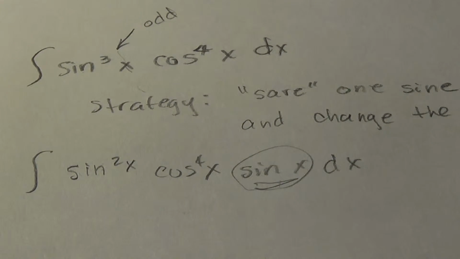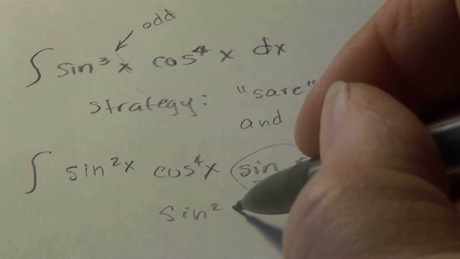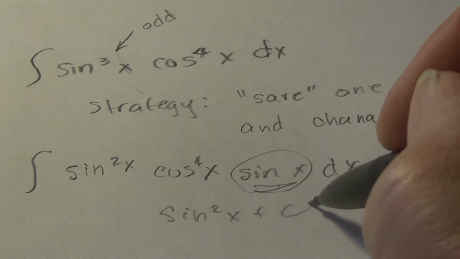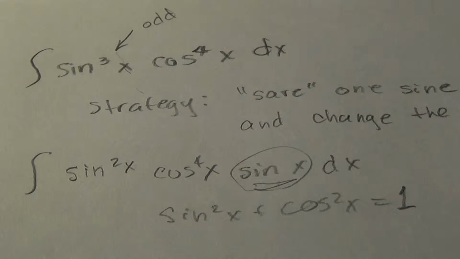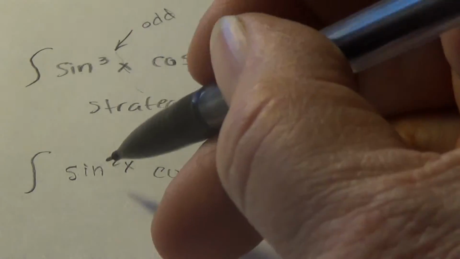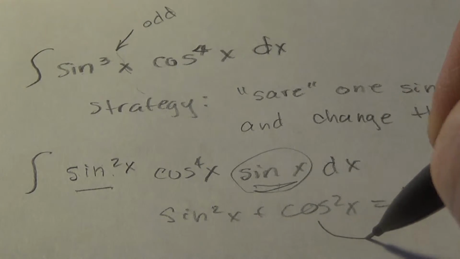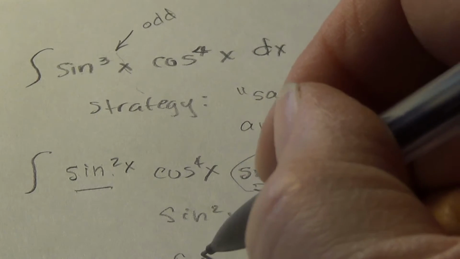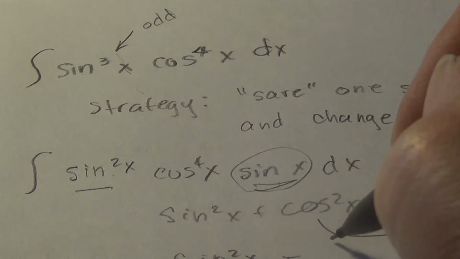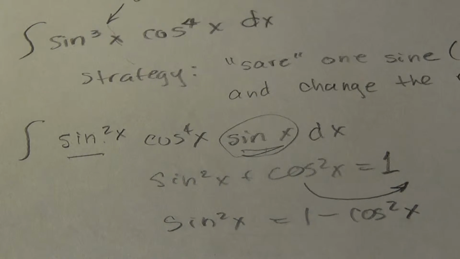Let me show you. So sine squared x plus cosine squared x equals 1 from our trig identity phase. We know that we can substitute sine in terms of cosine by rearranging this. So rearranging this, I get sine squared x equals 1 minus cosine squared x.